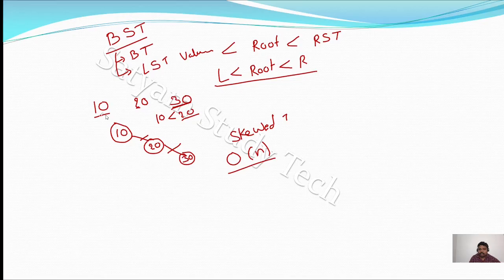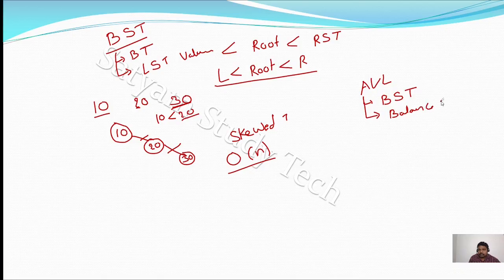We have three elements, and the time complexity depends on the height, so that is approximately O(n). That is the problem. There is no balancing here, but the AVL tree is first of all a BST, a binary search tree, and it also has an additional property, the balance factor.